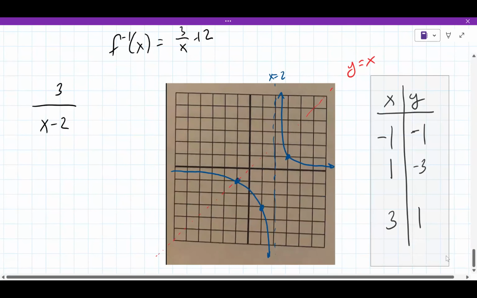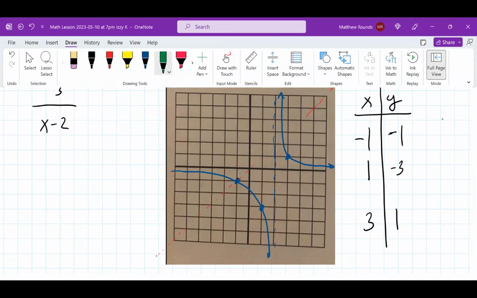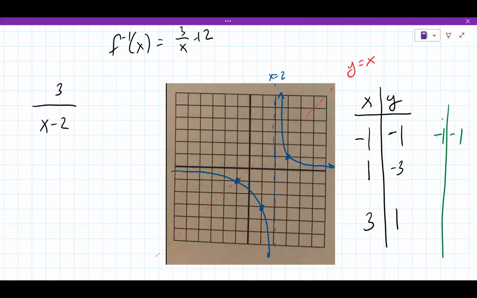So for the inverse graph, and I'll do that in green here, you just flip the x's and the y's. And that gives you some points to graph on the other one. So you do get one that's exactly the same. You get that one there and that one there, but there's actually a bit more to graphing this.